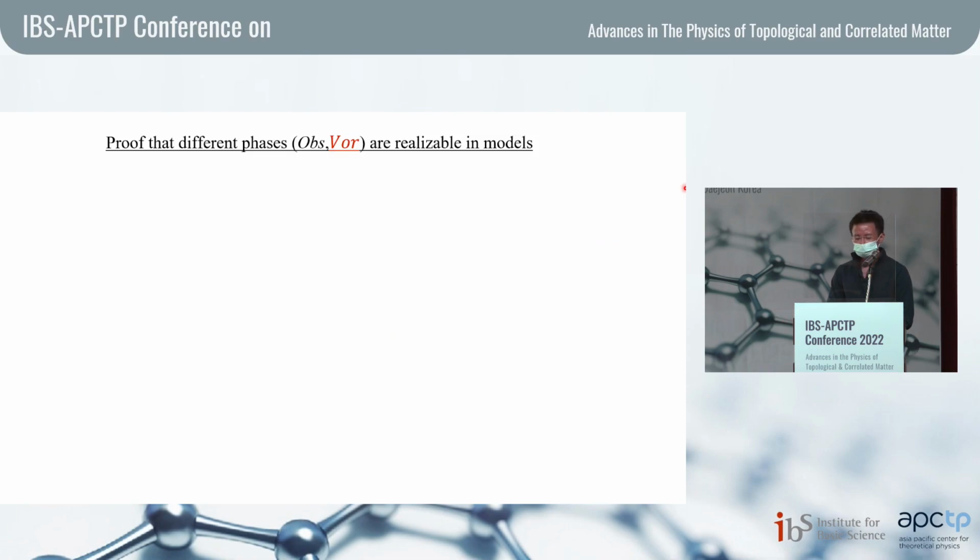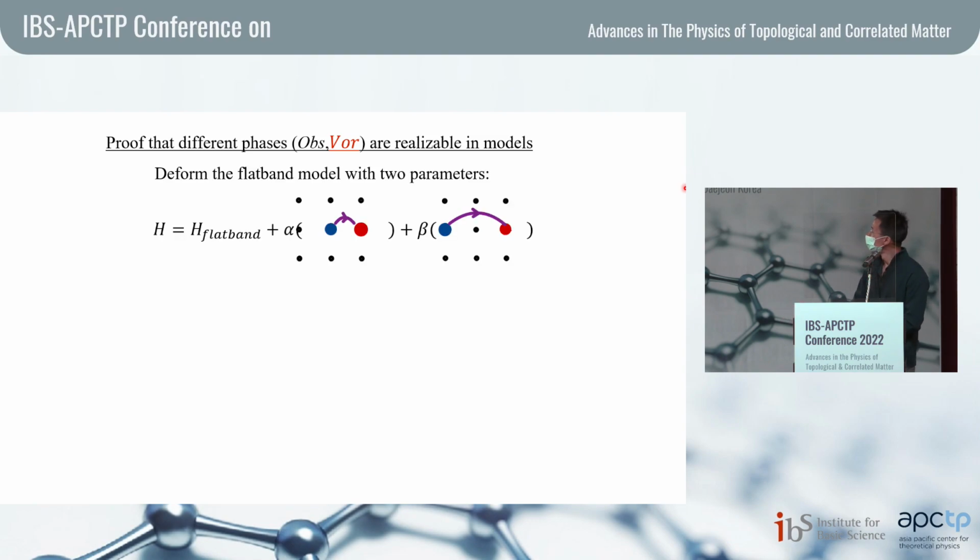I want to give a proof of principle that the different phases labeled by these two invariants are actually realizable in models. So we're going to deform the flat band Hamiltonian model that I showed you a few slides ago. We're going to add 2 hoppings. They're both interorbital hoppings, parameterized by alpha and beta.